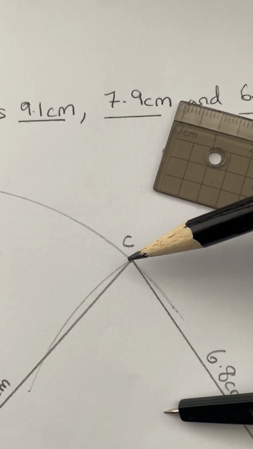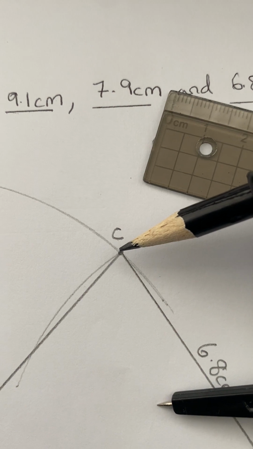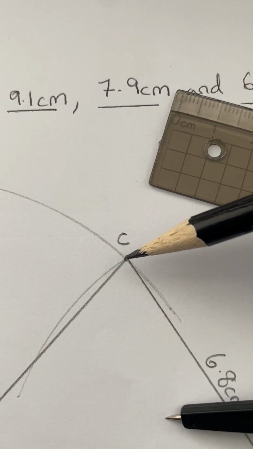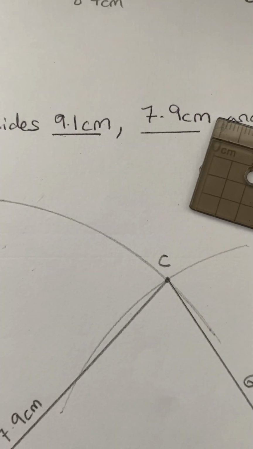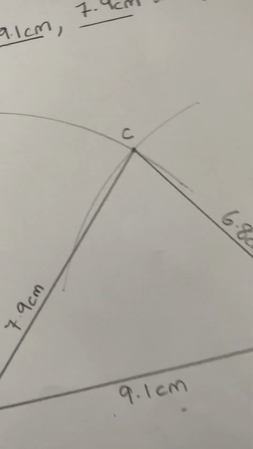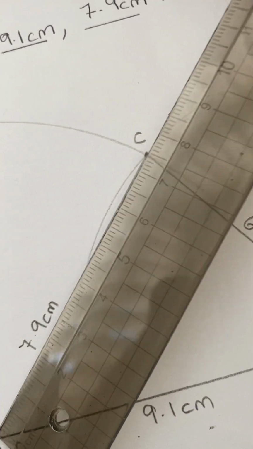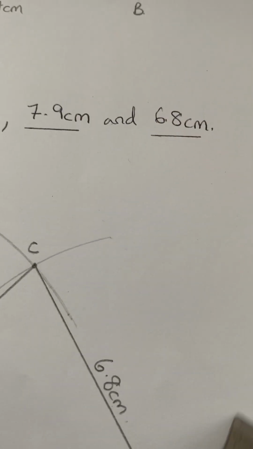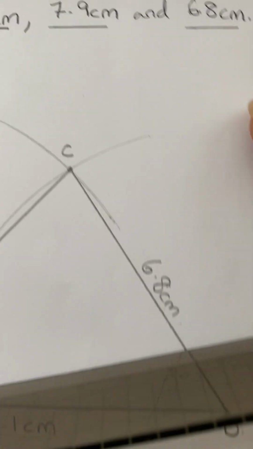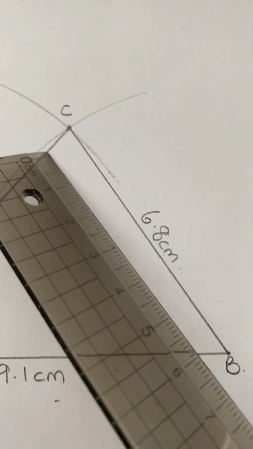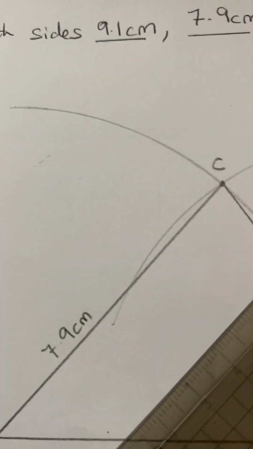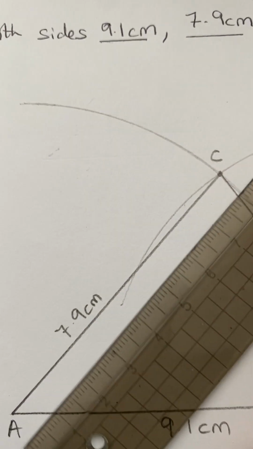Where they intersect is your point C. Then you need your ruler to draw A to C and B to C.